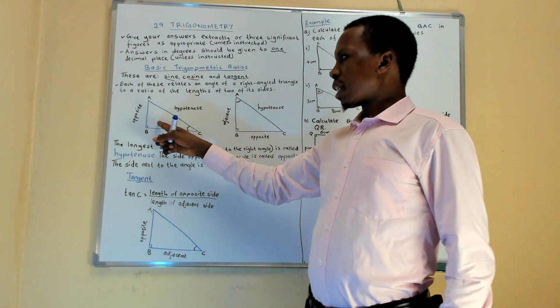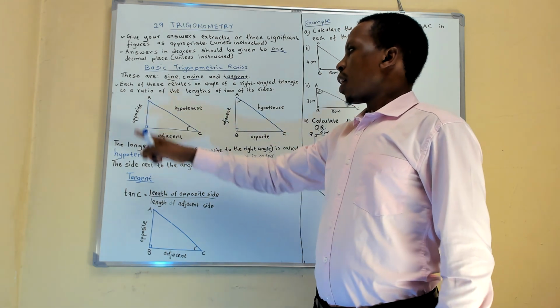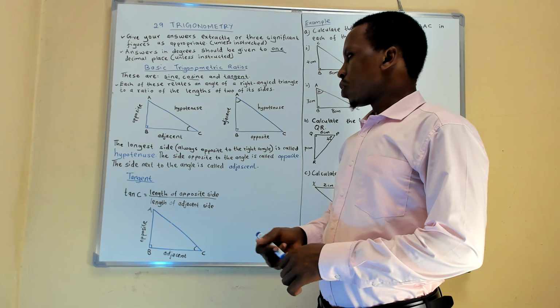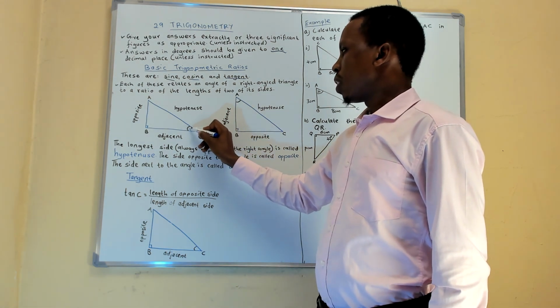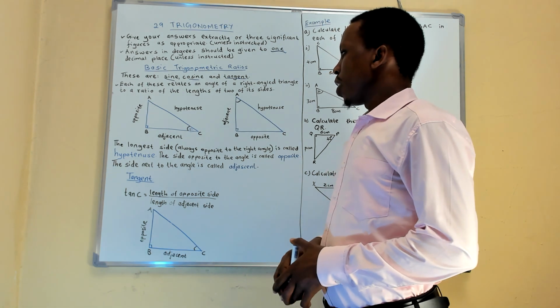For example, if you look at this triangle, this is a right angle triangle with vertices A, B, C, and we are taking this angle as our reference.